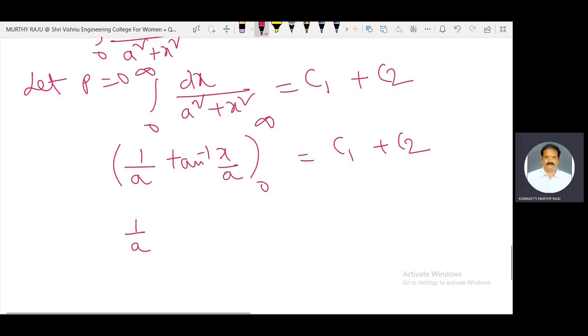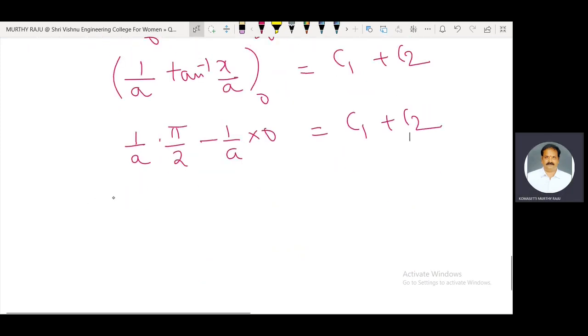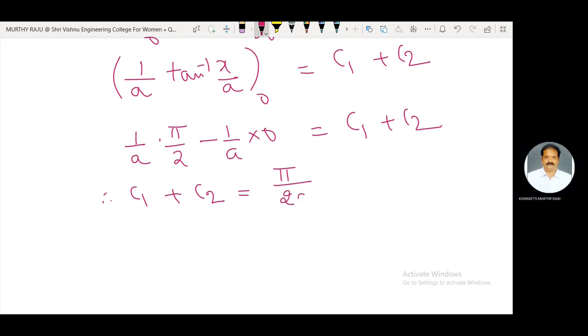Substitute infinity: tan inverse infinity is pi by 2, minus 1 by a tan inverse 0, which is 0. That is equal to c1 plus c2. Therefore, c1 plus c2 is equal to pi by 2a. This is equation 1.